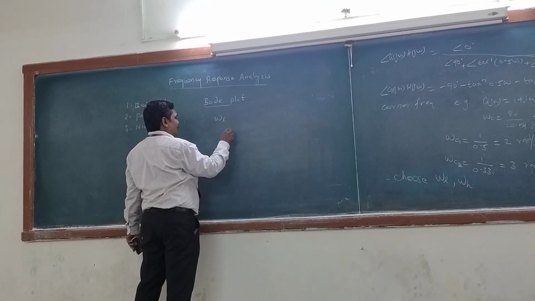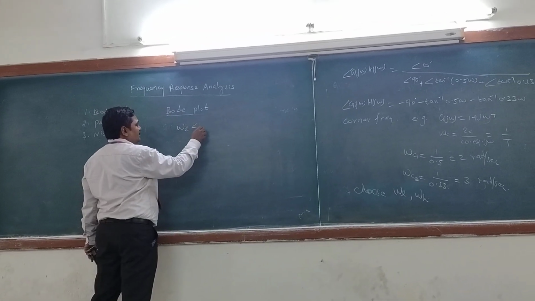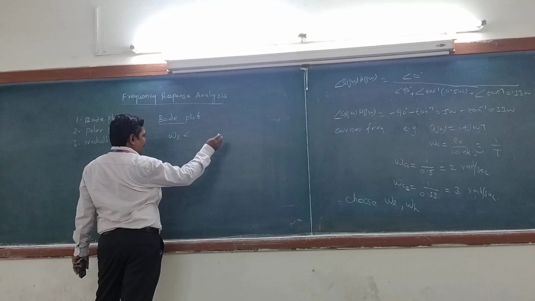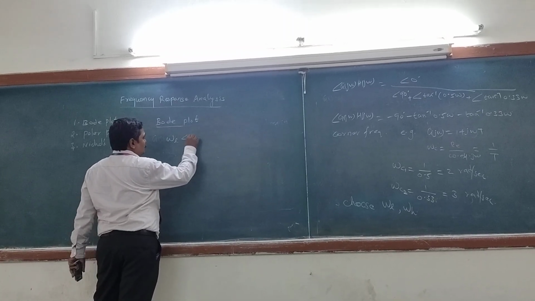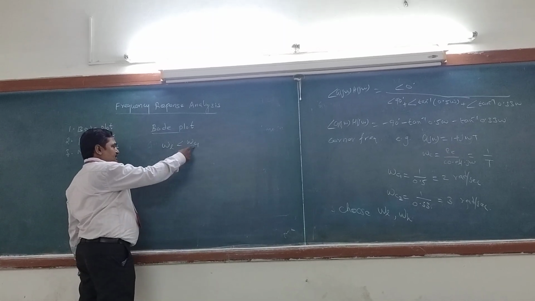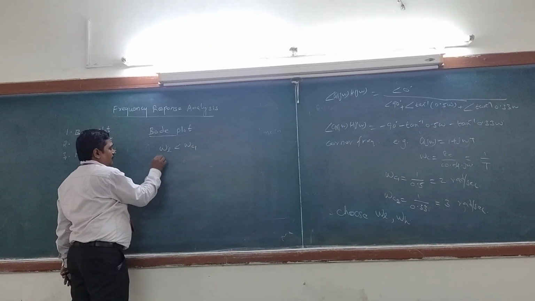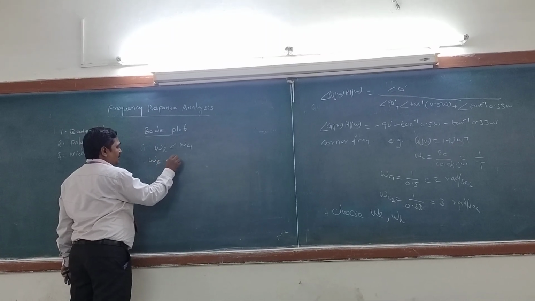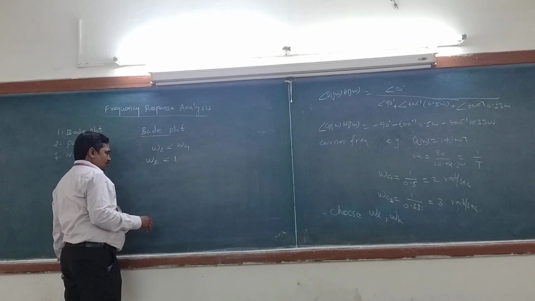The lower limit corner frequency should be lesser than the least value of the calculated corner frequencies. Here omega c1 is 2, so you can choose the lower limit corner frequency less than this. Generally omega l is chosen less than 1 for a better choice.